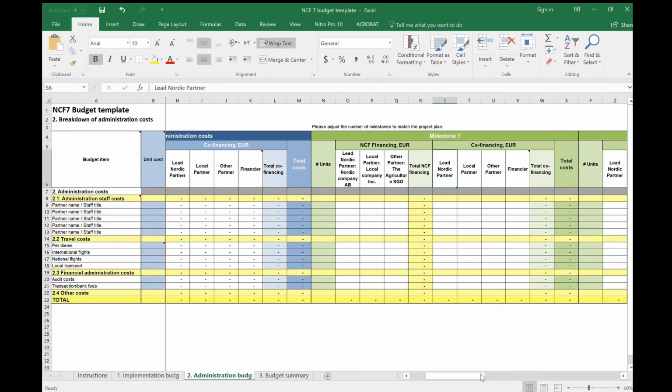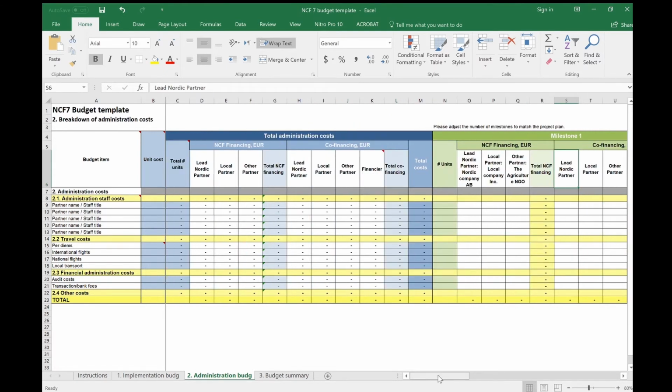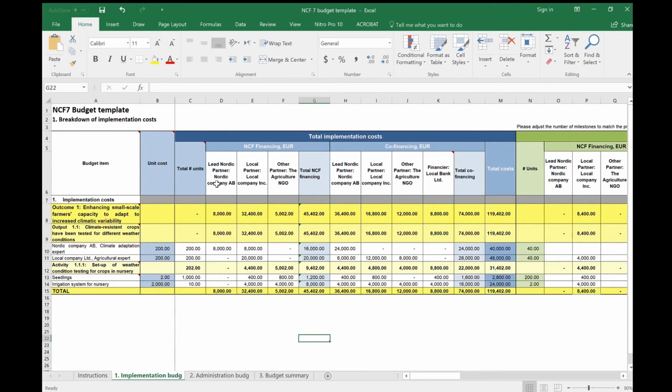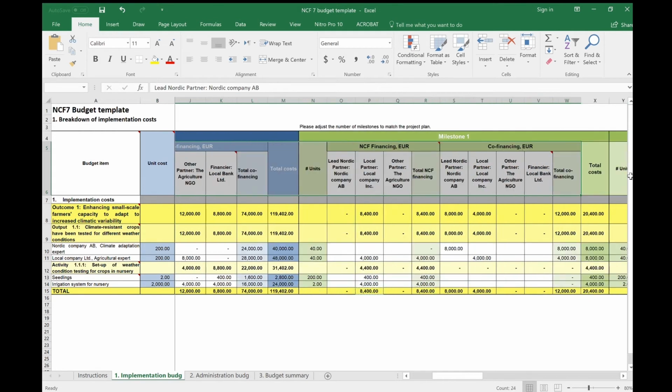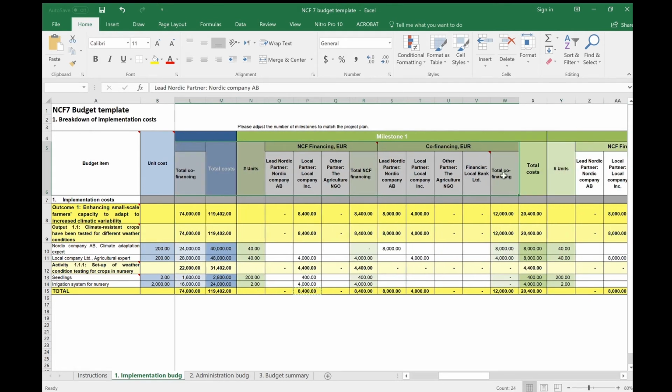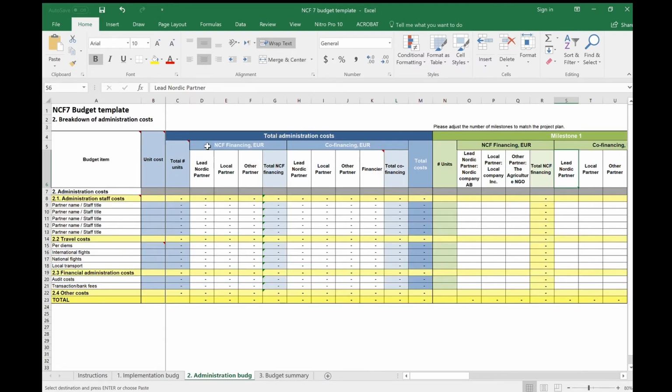Therefore, you should adjust the number of milestones tables to the number of milestones in the project, as well as include the partner names explaining sources of financing in the columns under NCF financing and co-financing. This should be done for all milestones tables.